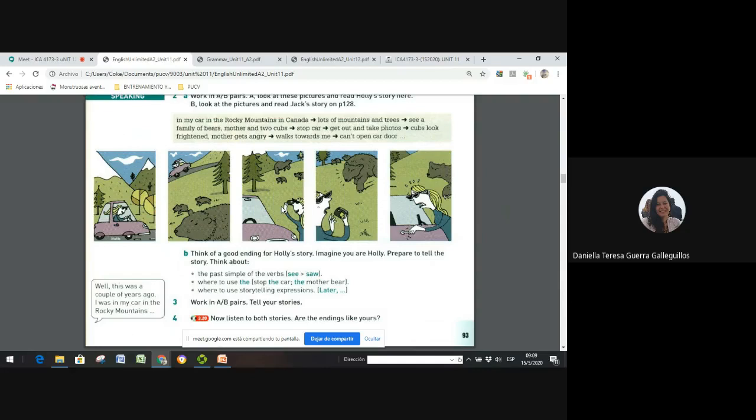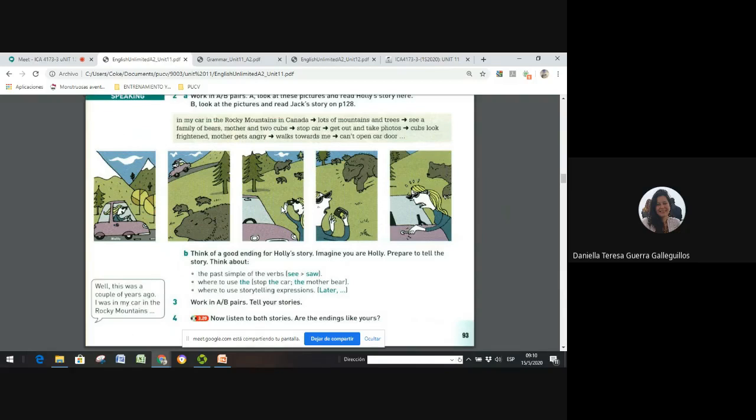She started walking towards me. I ran back to the car, but I couldn't open the door, and the keys were inside. I was really frightened. The mother bear came closer. Suddenly, a big tour bus drove up and stopped. The bears ran into the trees. The driver shouted at me, "Never, never get out of your car when you see bears. They're not pets, they're dangerous." He and the passenger opened the car door for me, and I thanked them and left. That was a real lesson for me.